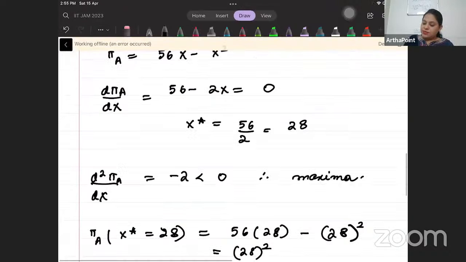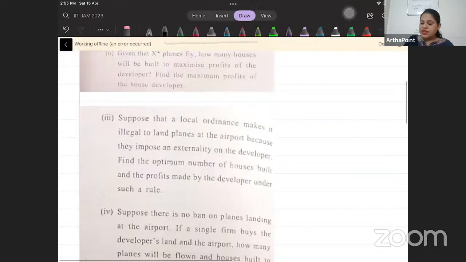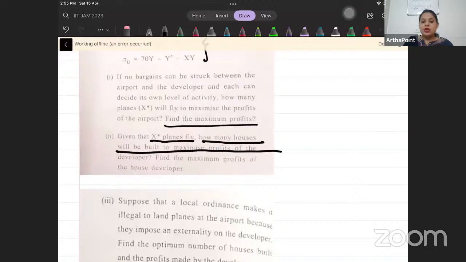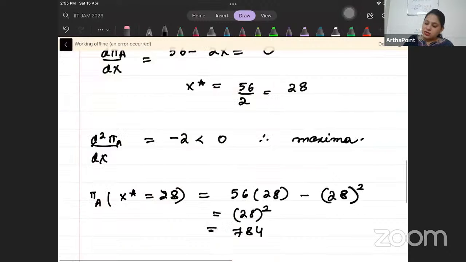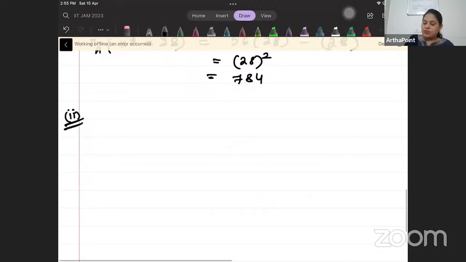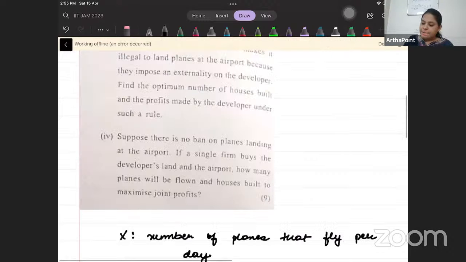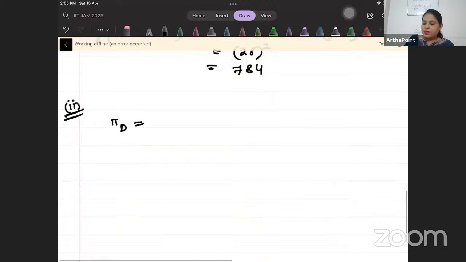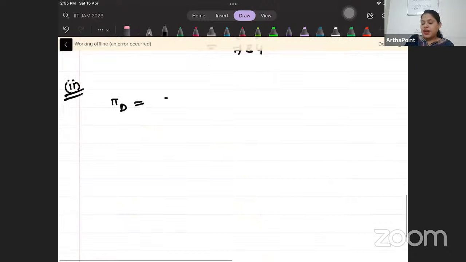The second part says, given x star planes fly, how many houses will be built to maximize the profit of the developer. The profit of the developer is given by 70y minus y square minus xy. You have to take x at 28.